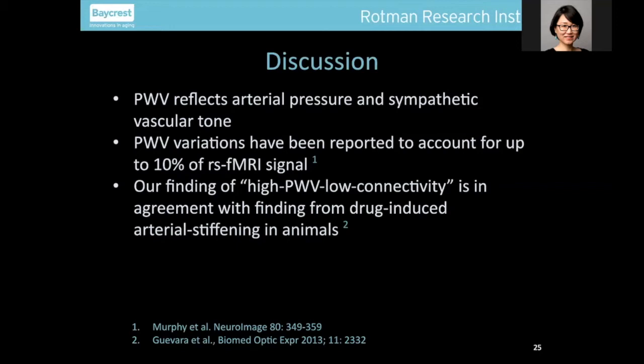Higher pulse wave velocity means higher stiffness, and it has been reported to account for up to 10% of the actual signal, but in our hands it does have a strong and widespread effect on resting state fMRI, whether it be the signal amplitude or functional connectivity. And our findings are consistent with the earlier animal study that I showed with the calcification model.